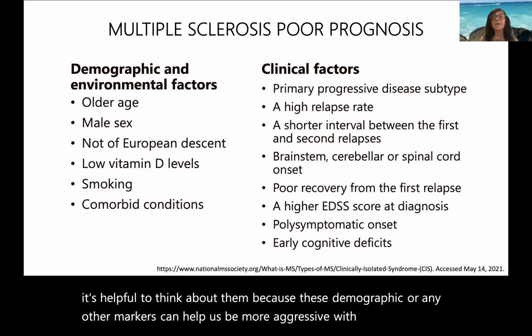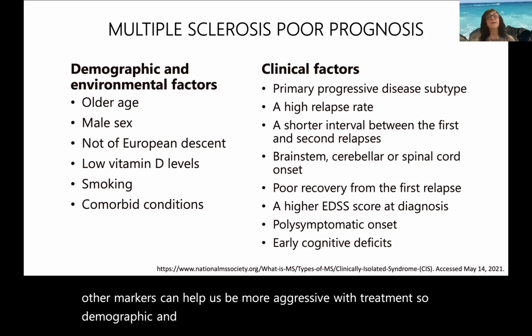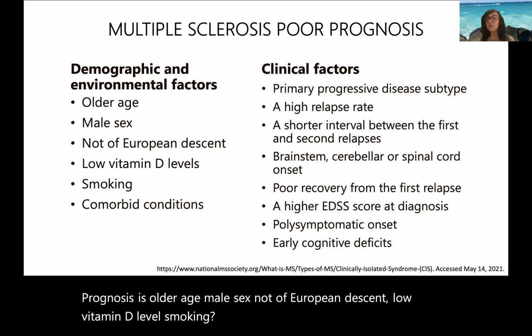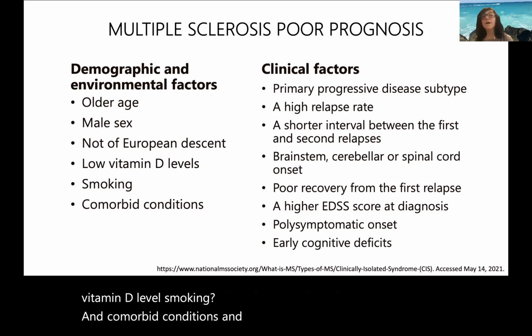So demographic and environmental factors that can mean a poorer prognosis are older age, male sex, not of European descent, low vitamin D levels, smoking, and comorbid conditions, such as autoimmune disease and others.